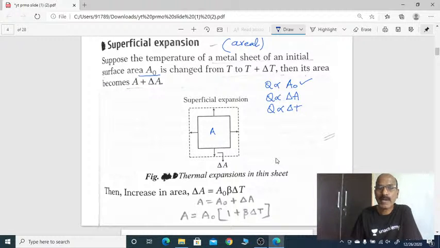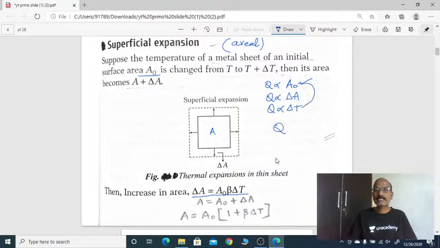So combine all: increase in area equals initial area into rise in temperature.